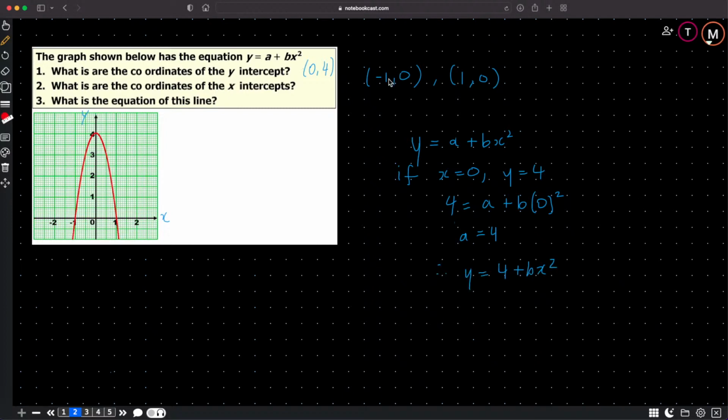And then we can use one of these points to find b. So let's use 1, 0. Using 1, 0, we can say 0 equals 4 plus b times 1 squared. 1 squared is just 1.